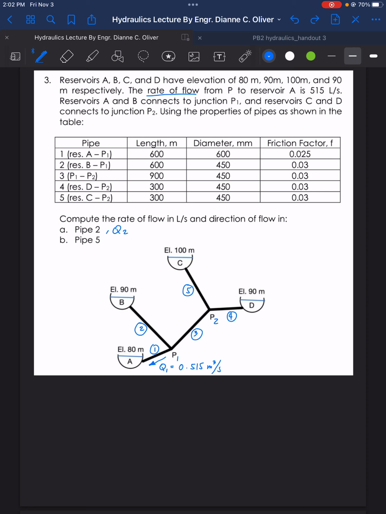So having given Q1, obviously from elevation 100 meters of reservoir C, the flow is downward. So this is pipe 5, this is Q5.